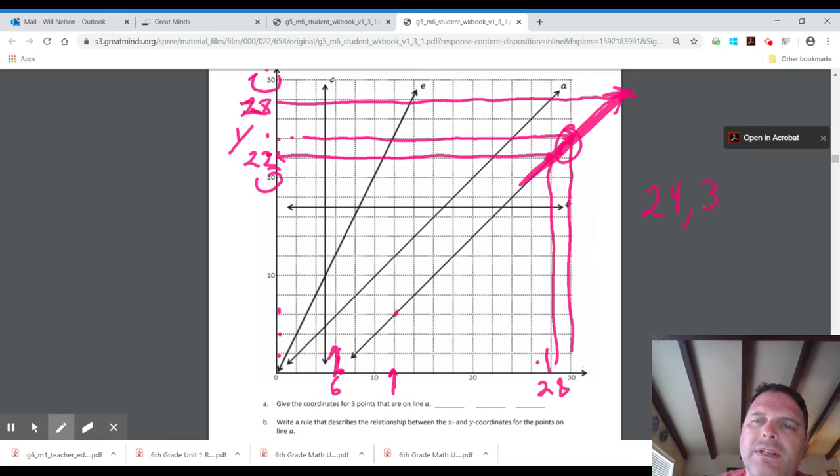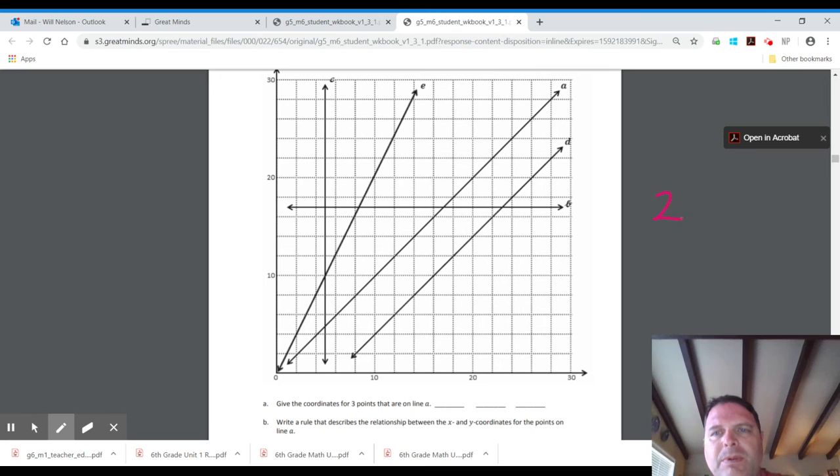That's the last point on the graph. I'm going to erase this so you guys can see it. 24 and 30, that's my last point in the graph. That would be this point right here. And if we increase it by 1, and we're going to go all the way to 28 in the y, or sorry, that's not 24, 30.